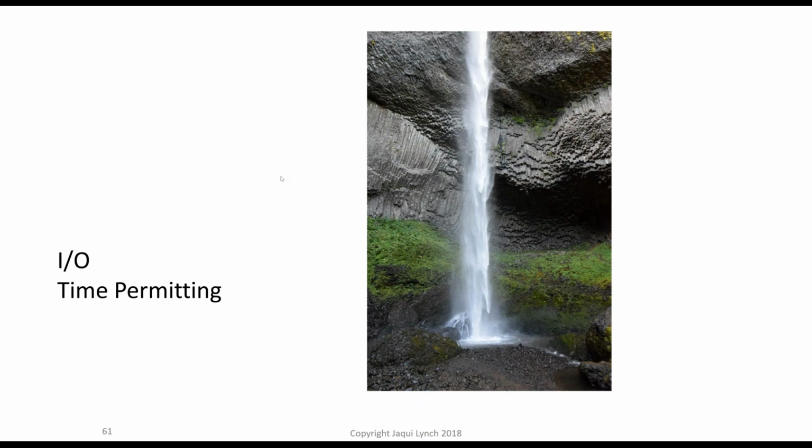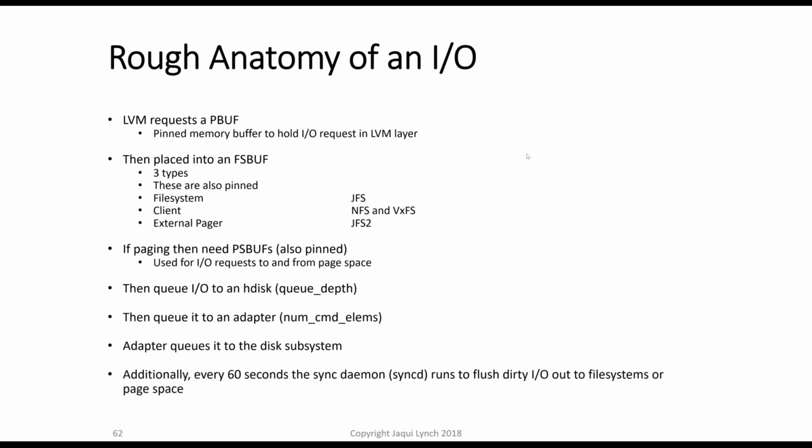All right, we're going to try to really quickly cover some things relating to I/O. And we're going to start with a rough anatomy of what happens when you do an I/O. I kind of covered this before. The LVM requests a PBUF. Then we take that I/O request and put it into a file system buffer of some kind.